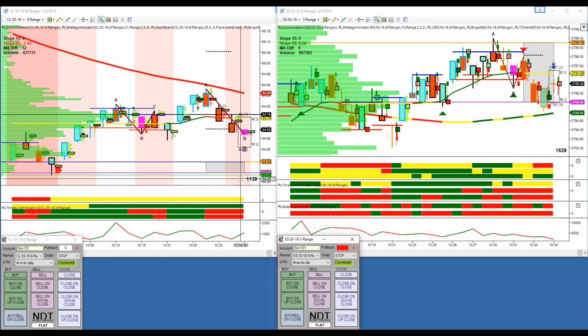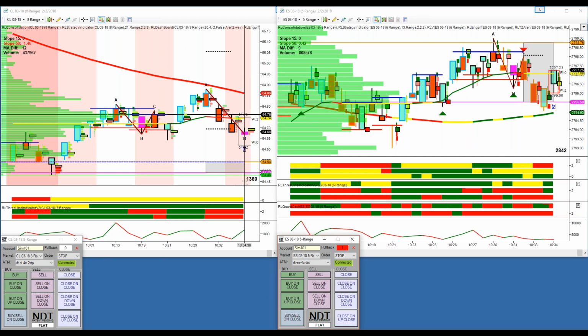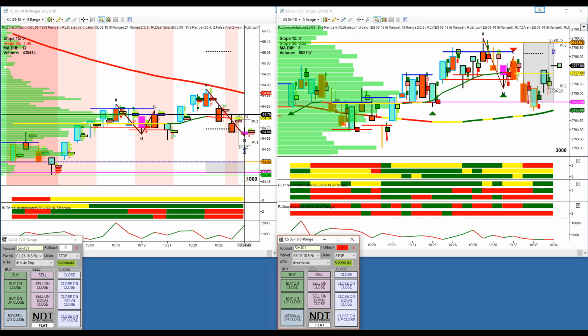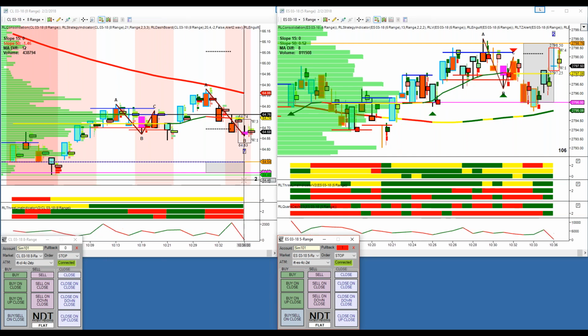Now, if we can get a big candle on crude, we have a potential short trade. Dow's down 206.59. The S&P's down 25.